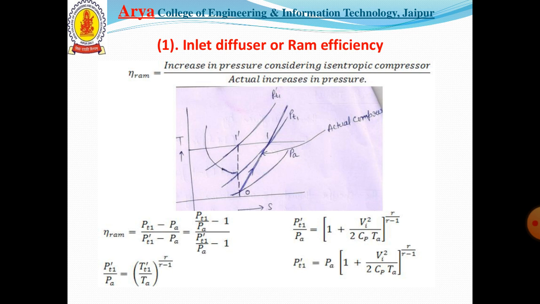That is the P-T relationship. Now P_T1' upon P_A equal to (1 + V_i² upon 2 C_p T_A) to the power γ upon γ − 1. That is, P_T1' equal to P_A into (1 + V_i² upon 2 C_p T_A) to the power γ upon γ − 1.